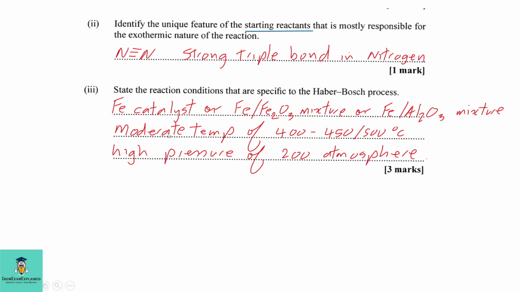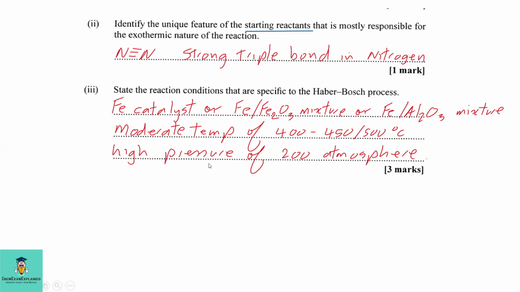In terms of temperature, if the temperature is too low, the reaction would be too slow, which is not economically viable. So we go with a moderate temperature, which makes the reaction a little faster than it would be if it was low temperature. The moderate temperature would be 400 to 450 degrees Celsius, or 500 degrees Celsius.